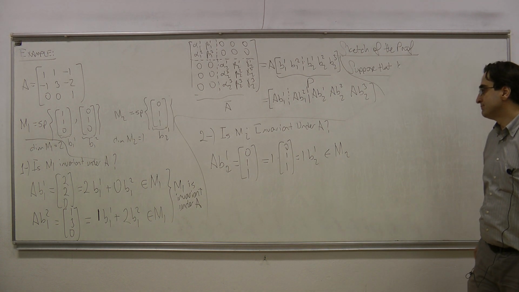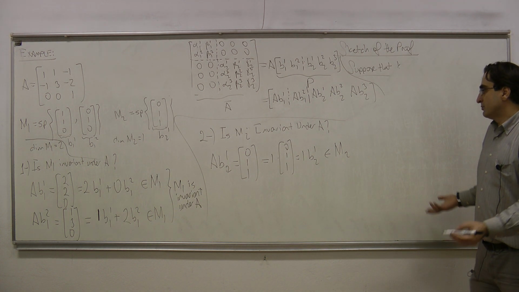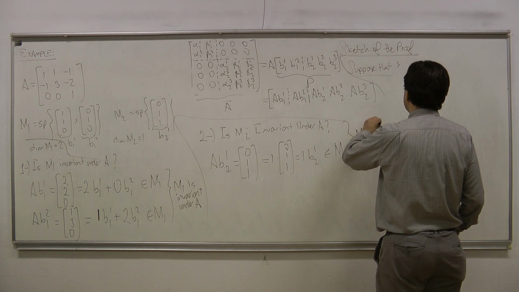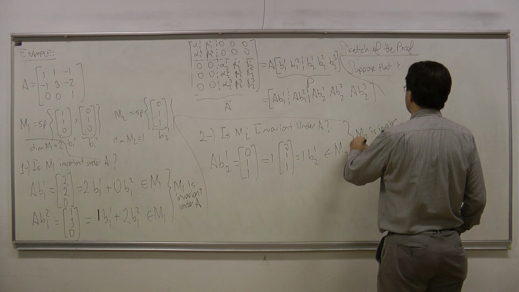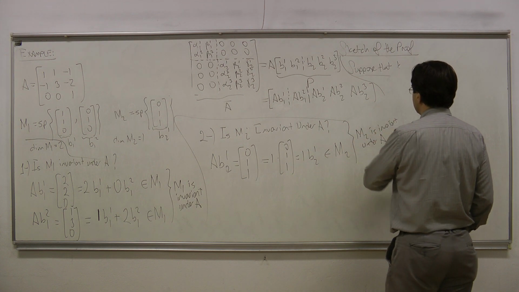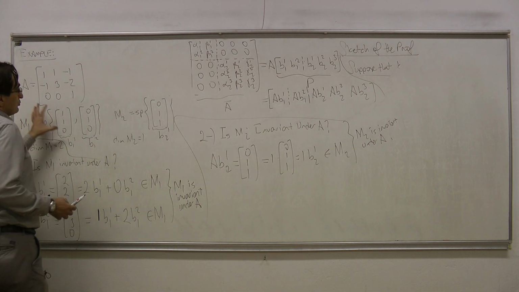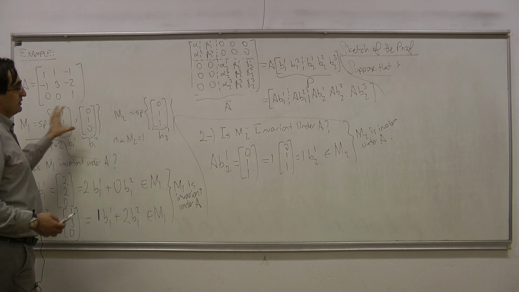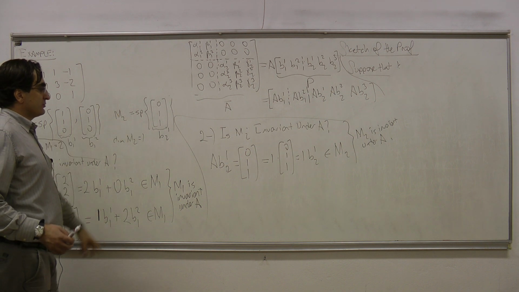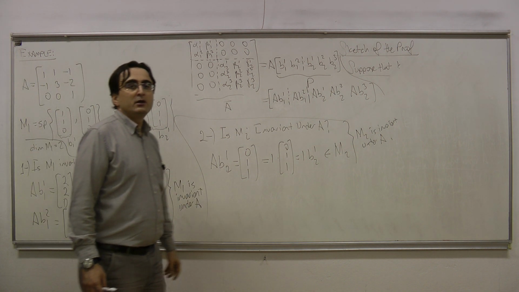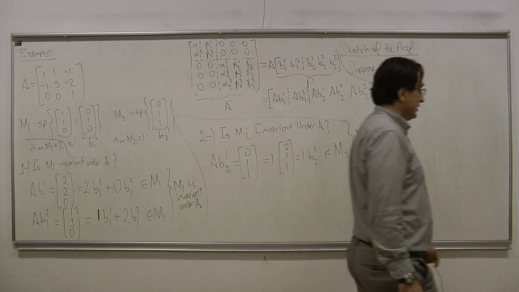Okay? So this actually makes M2 invariant. M2 is invariant under A. Okay? So I have learned that these two subspaces are invariant under A. And here I can ask you again a question. Is B21 an eigenvector?